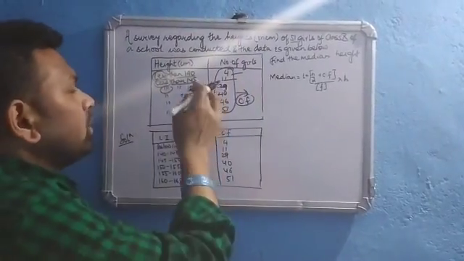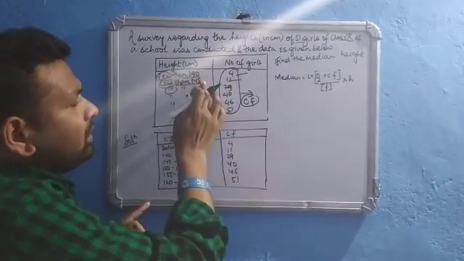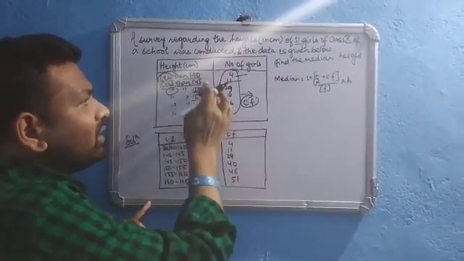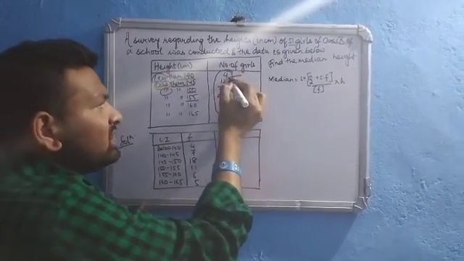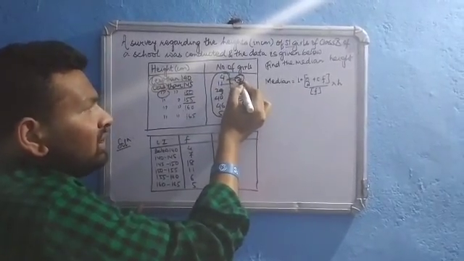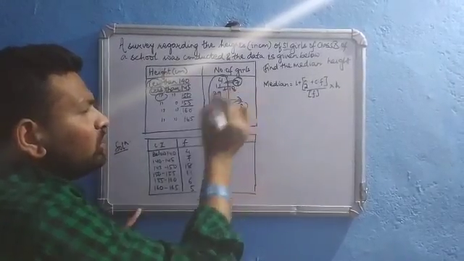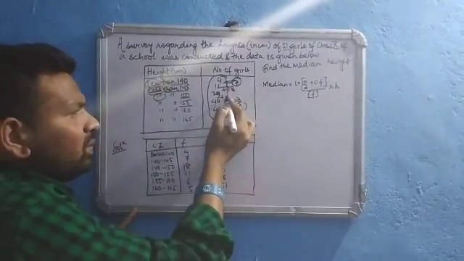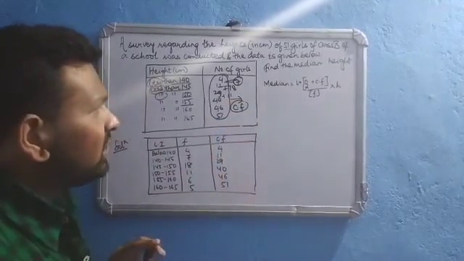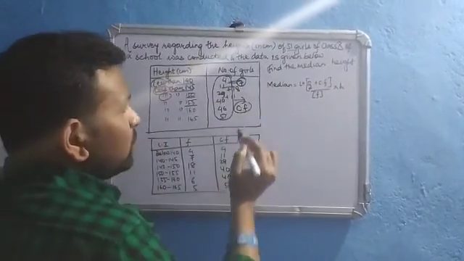Now you add some more. The number of girls whose height is less than 145 is 11. That means 7 more girls have been added. Then 18 more girls have been added, 11 plus 18 is 29. So whatever is given here is the cumulative frequency.